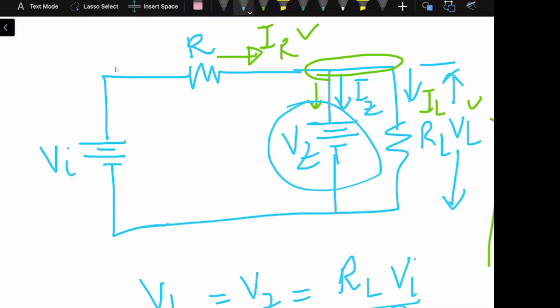Then we calculated the value VL and checked whether VL is smaller than VZ. If VL is smaller than the zener voltage, this means the zener diode is in the off region, right?